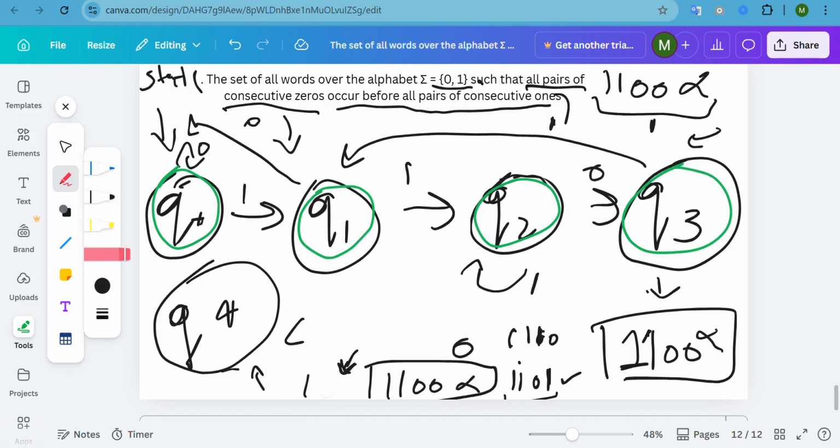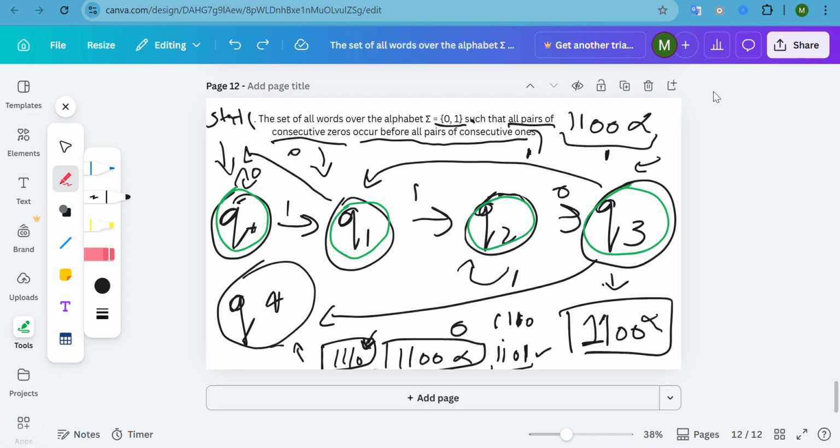Let's remove this and let's test it against some other strings. And the best thing to do for now would be maybe just copy the whole page and paste it.